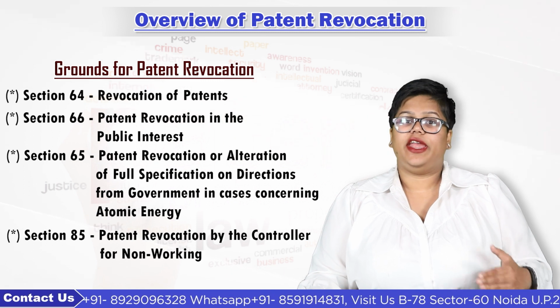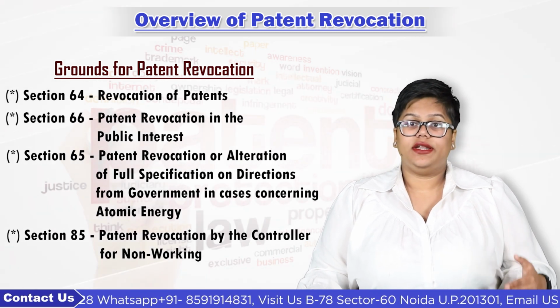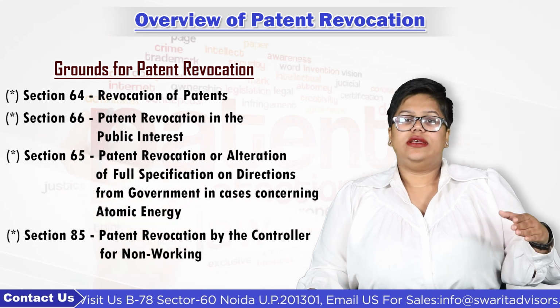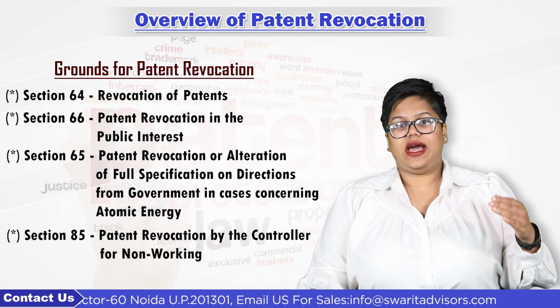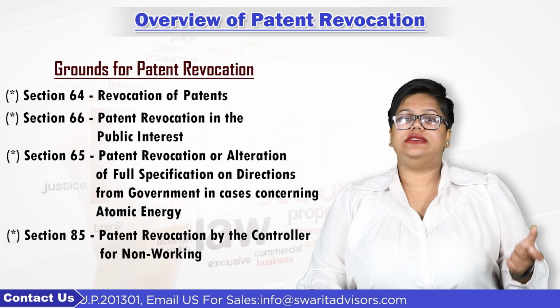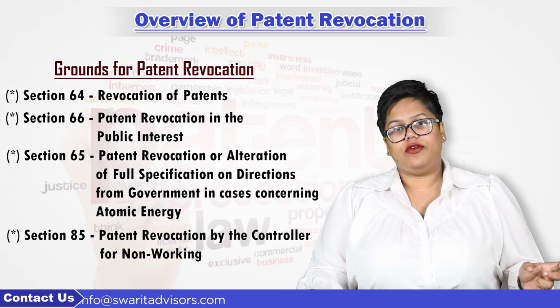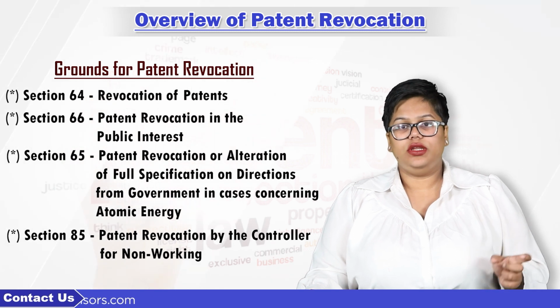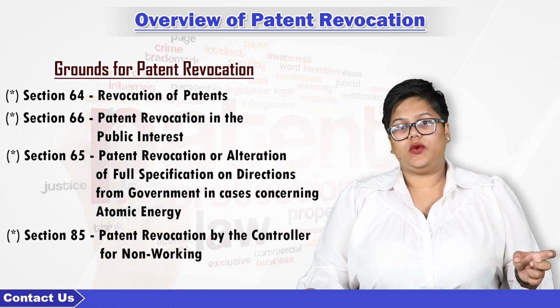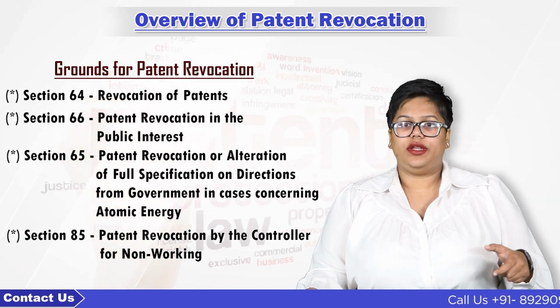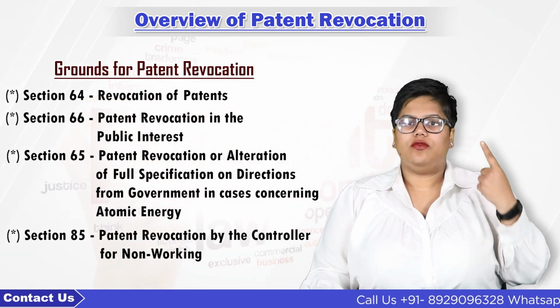Then comes Section 85, that is the patent revocation by the controller for non-working. Section 85 states that when a compulsory license has been issued in relation to the patent, the government or any interested individual may request the controller for an order cancelling the patent on the following grounds. 1.